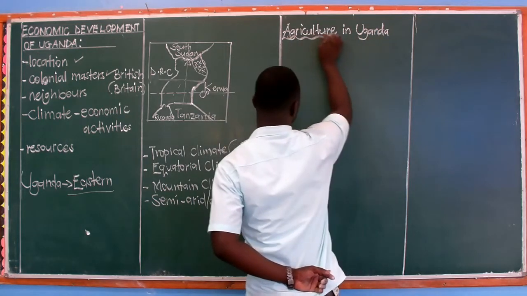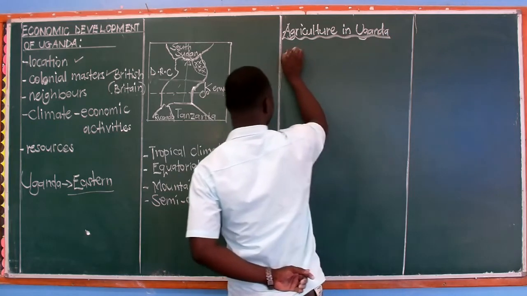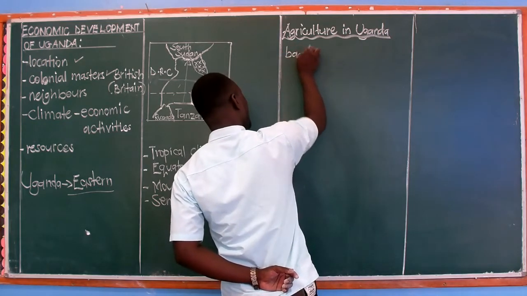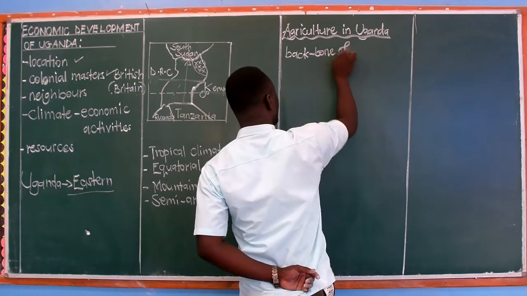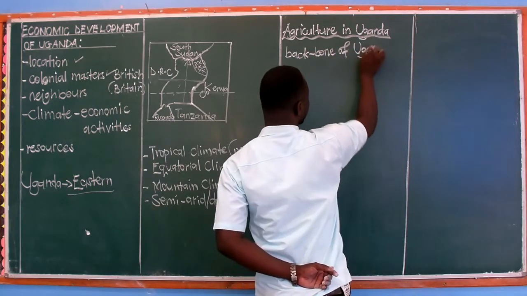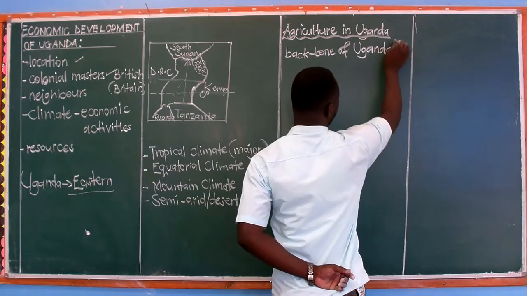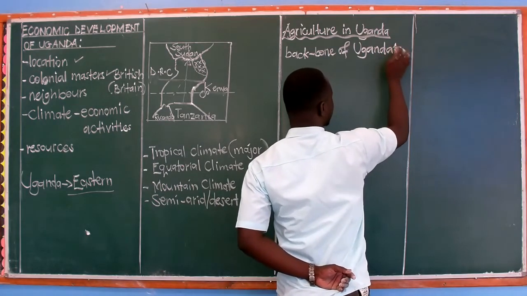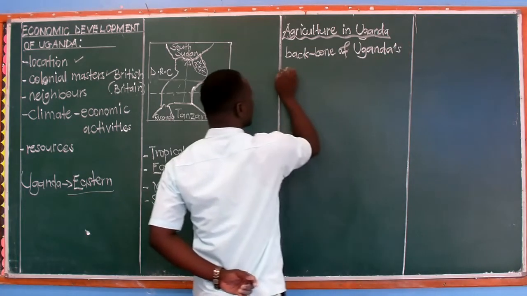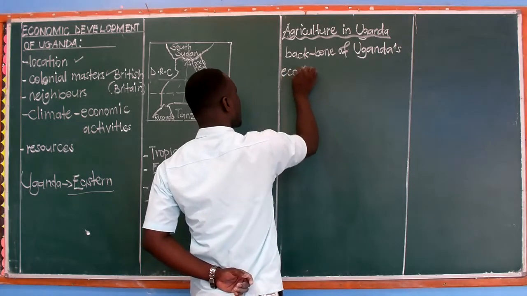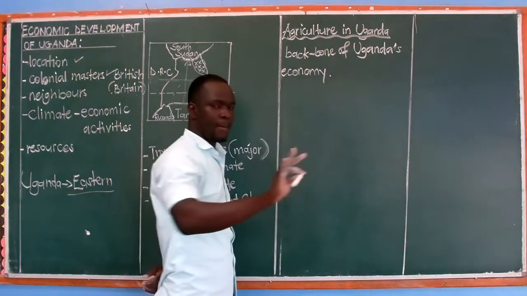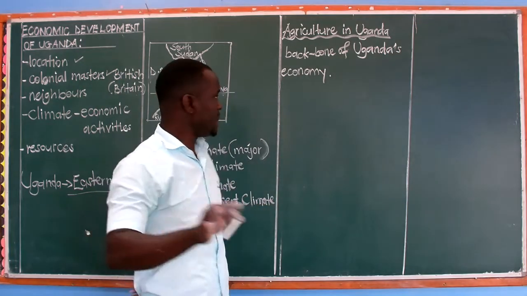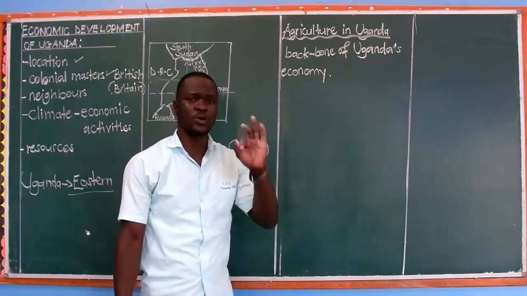We have understood, I have said, agriculture in Uganda is the backbone of Uganda's economy. Which means without it, there is no Uganda. Remember, in agriculture, we are looking at two areas.